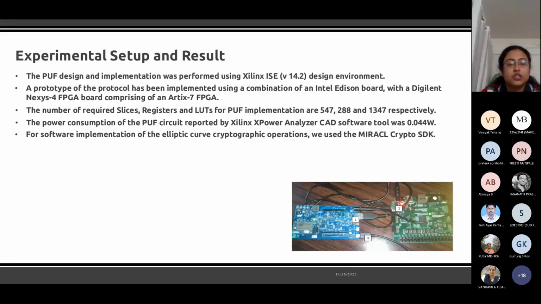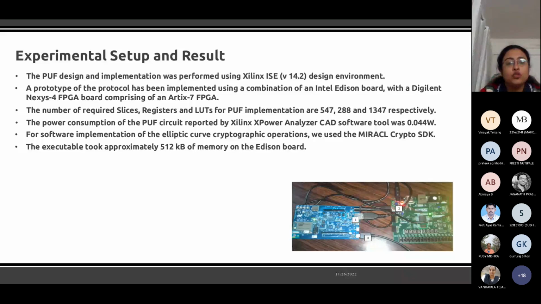The software implementation of the elliptic curve cryptography, as I said, was done with the MIRACL Crypto SDK. For the encryption and decryption part, I have not used any hardware implementation. Only the PUF part was implemented in the FPGA, and the rest we ran on the Intel Edison board, using the MIRACL Crypto library.